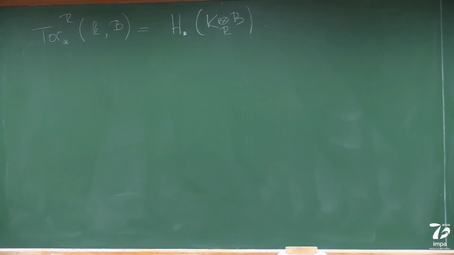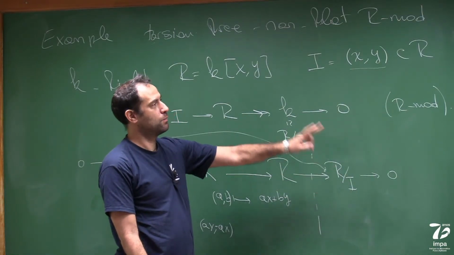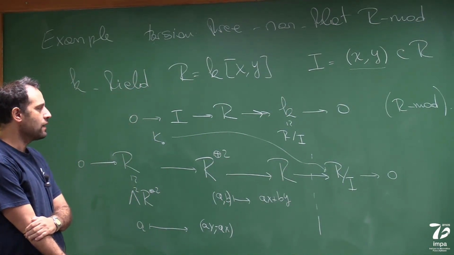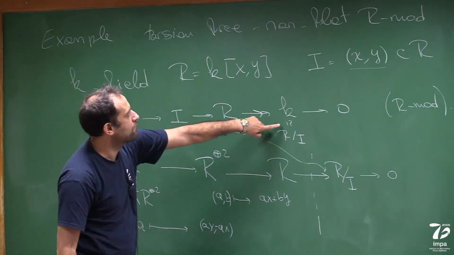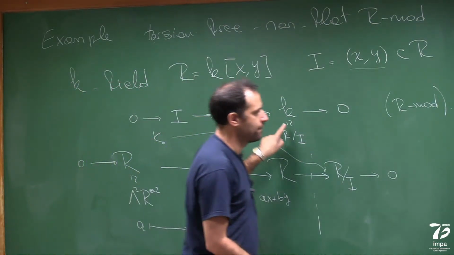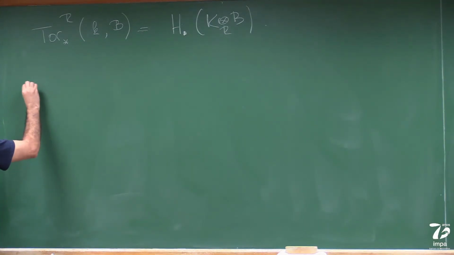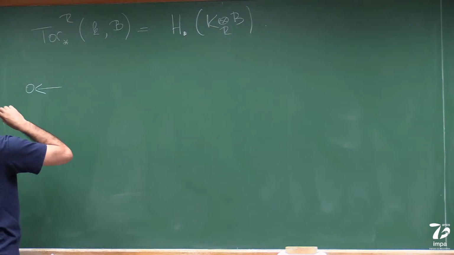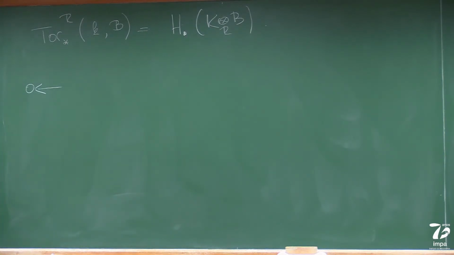We took a projective resolution of the thing that we wanted to compute Tor by, and we tensor with the other factor. Okay, so now I have this sequence of R modules, and that sequence of R modules gives me the following sequence.